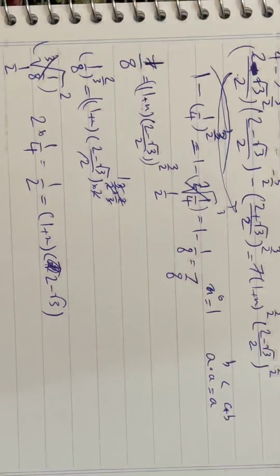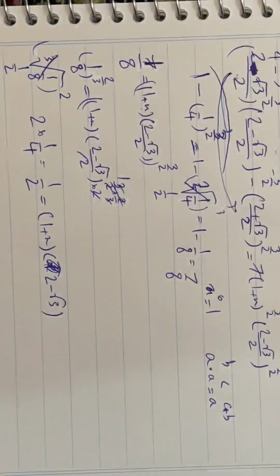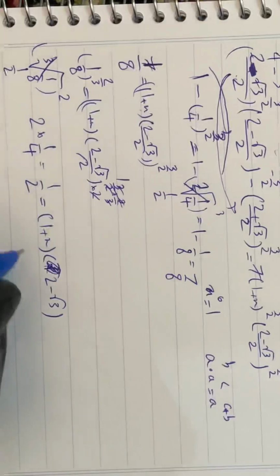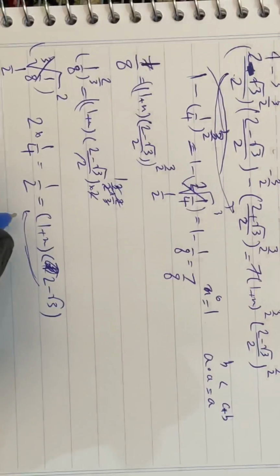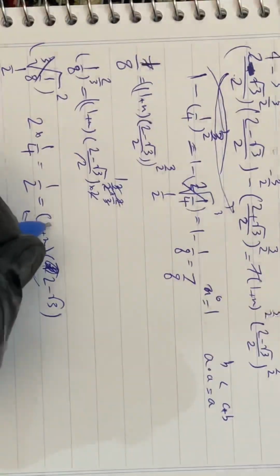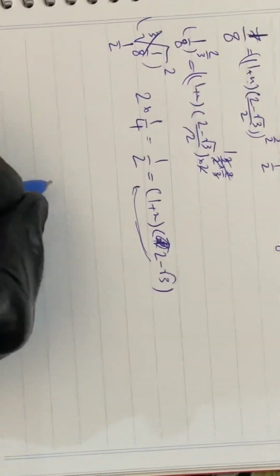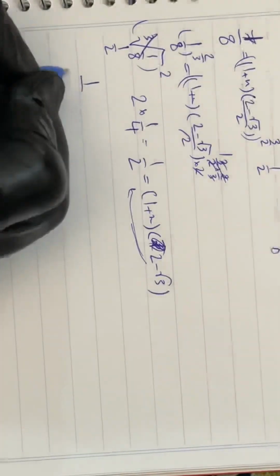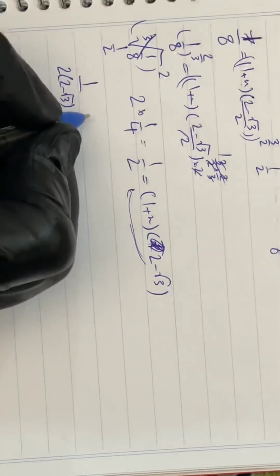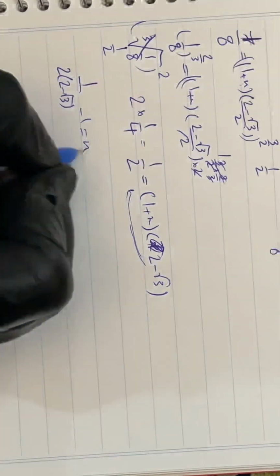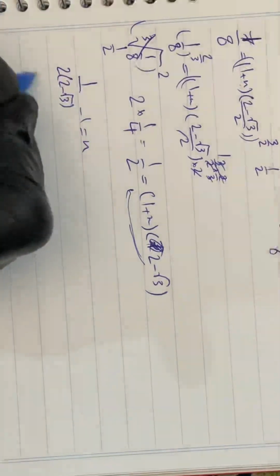So to do this, what can we do? Okay, we want the value of x, so it's easy. Just take this from here to here, and after that we take 1 to here. So something like this: 2 times 2 minus radical 3 minus 1 equals x. Let's simplify this a bit.